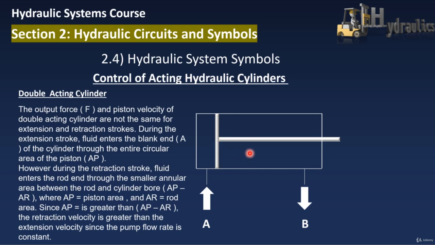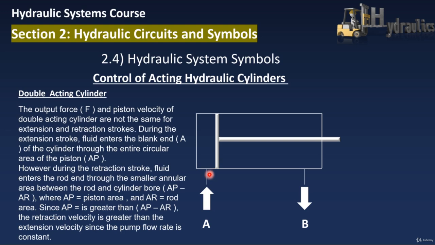So during the extension stroke, fluid enters the blanked end A of the cylinder and acts on the entire circular area of the piston. However, during the retraction stroke, fluid will enter the rod side through the smaller annular area between the rod and the cylinder bore.